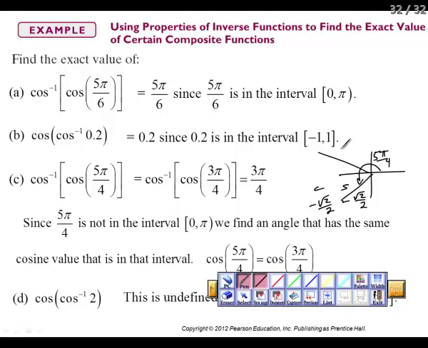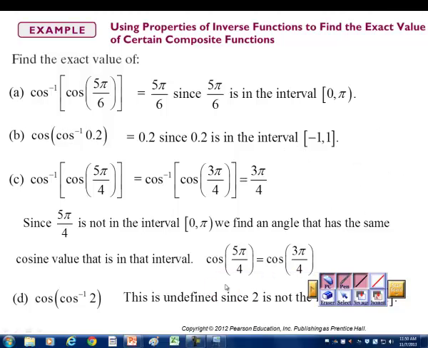Well, over here at 3 pi over 4, it would still be negative square root 2 over 2 for cosine. So that's why we want to choose 3 pi over 4. And so now the cosine and inverse cosine are inverses of each other, and they cancel each other out, and we end up with 3 pi over 4.